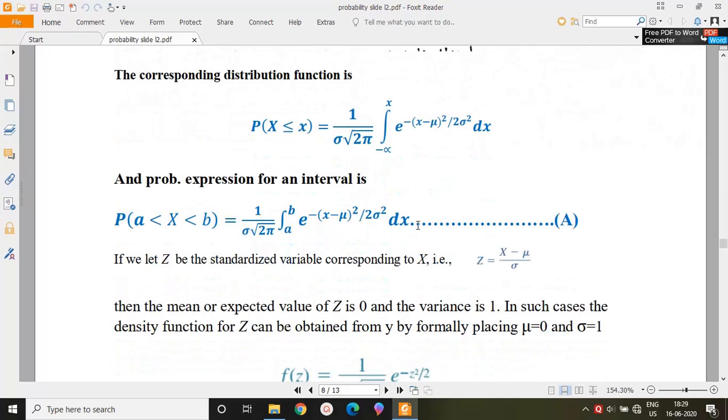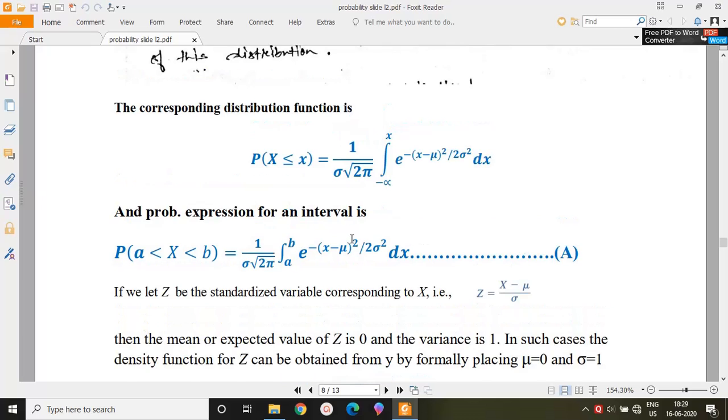And the probability expression for an interval can be written as probability of a less than x less than b is equal to 1 by sigma root 2 pi, integration between a to b, e to the power minus (x minus mu) square by 2 sigma square dx.